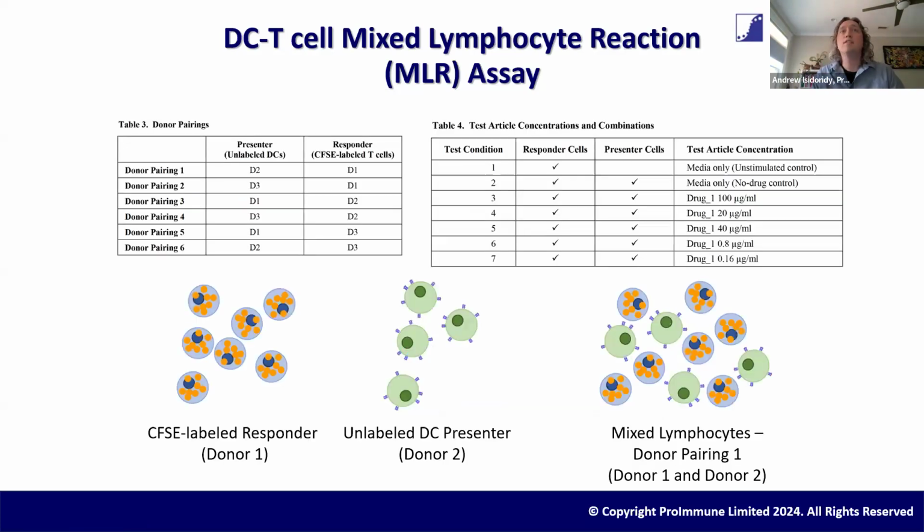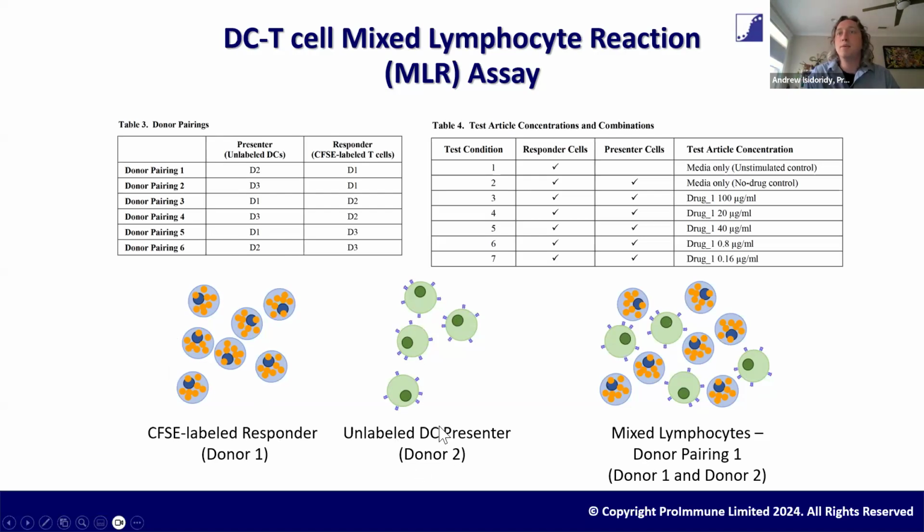So for an example study, we have 3 donors providing 6 donor pairs. These are all labeled as D1, D2, and D3. You would use either the monocyte-derived dendritic cells or the T cells from any given donor, and apply all possible pair conditions. For just a given pairing, this is an example for donor pairing 1, you would have CFSE labeled responder cells from donor 1.